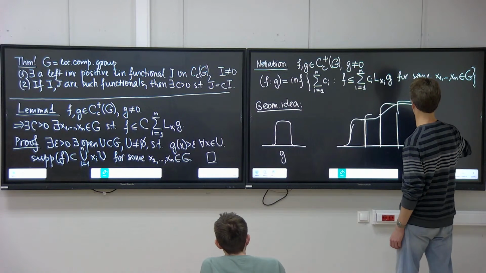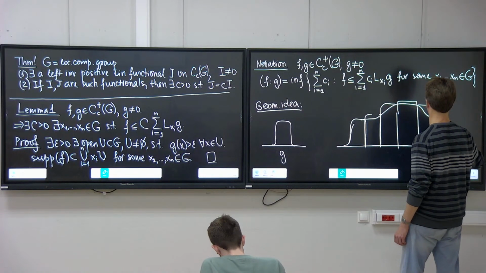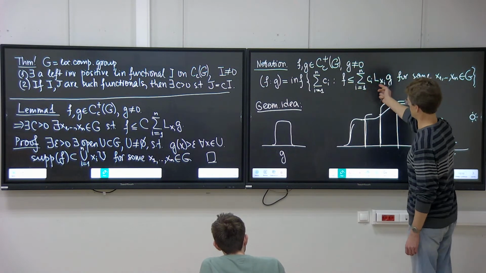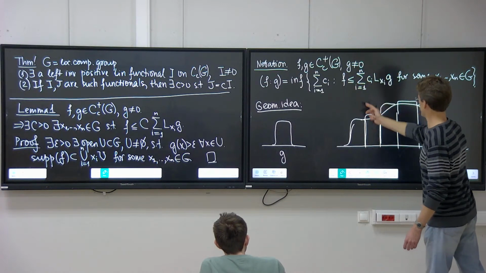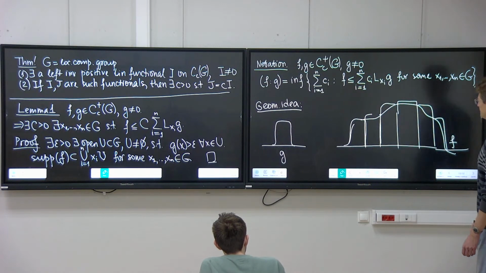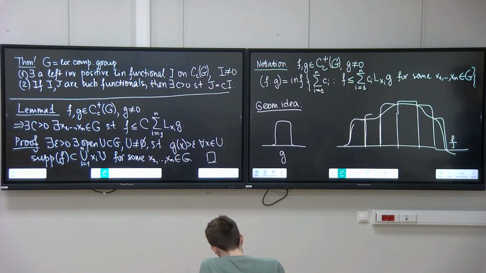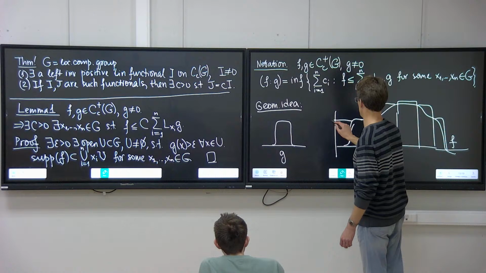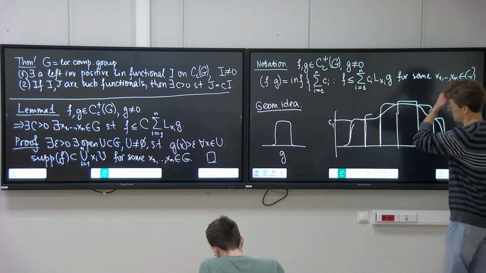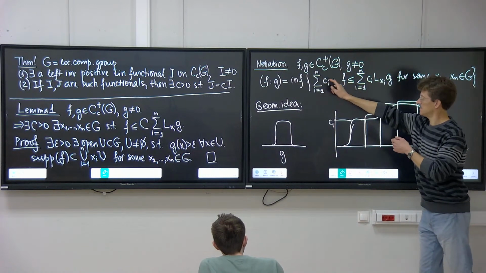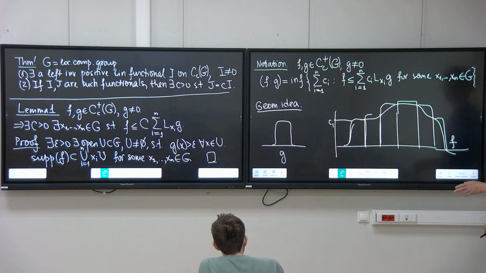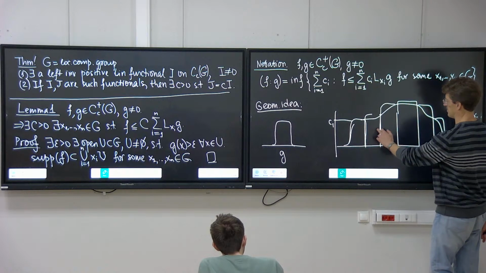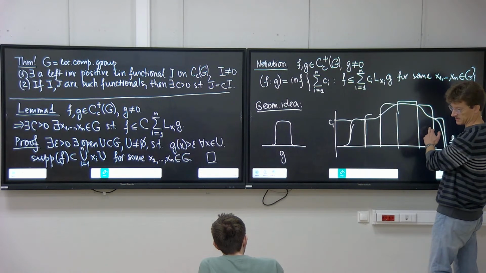So this is the graph of the right-hand side of this formula. It is bigger than f. And we see from this picture that this sum, this is C1 and Cn, is something like the sum of the areas of these rectangles.